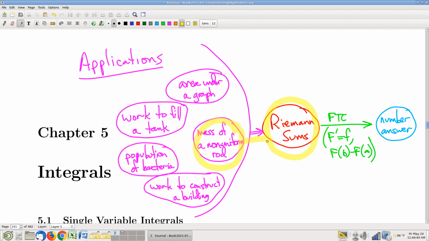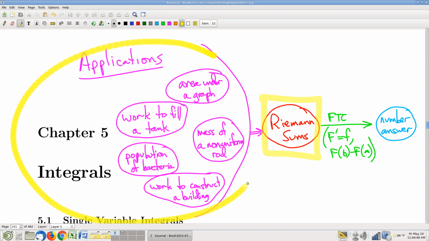So this is the connection between a tremendous number of applications and the fundamental theorem of calculus, the tool for computing integrals that allows us to actually turn Riemann sums into answers. The essential connection between the question and the answer is the construction of the Riemann sum. So this is a really big deal.